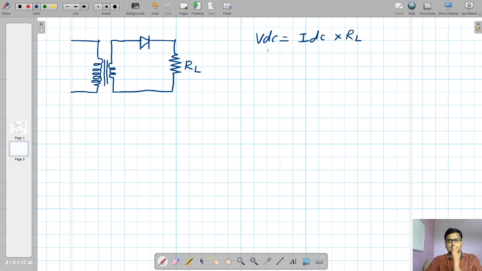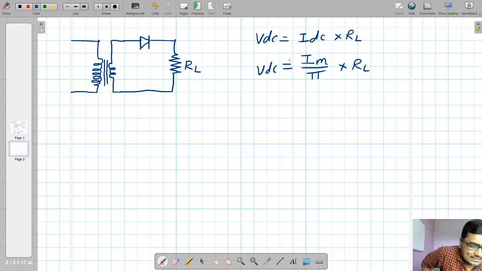So I will replace the value of IDC. We have calculated IDC as Im divided by pi. So Im divided by pi multiplied by the load resistor RL is the value of VDC.